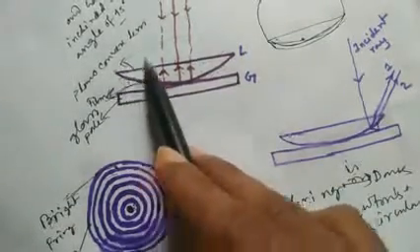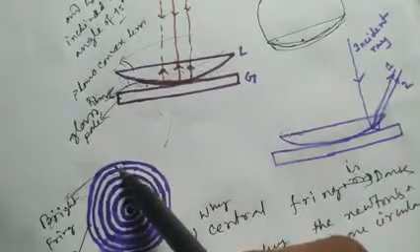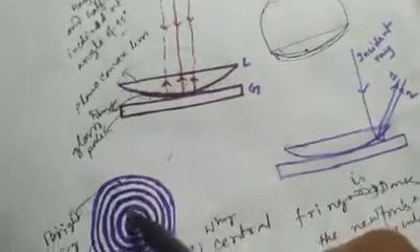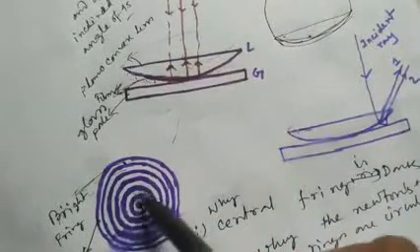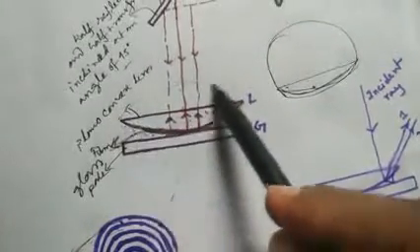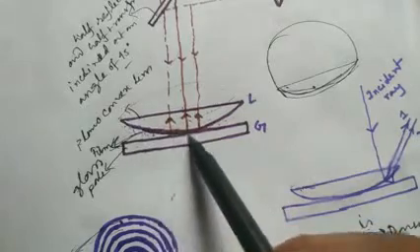If the radius of curvature is very small, the fringes are very close and you can't detect the rings. That is why the radius of curvature of the plano-convex lens is very large.